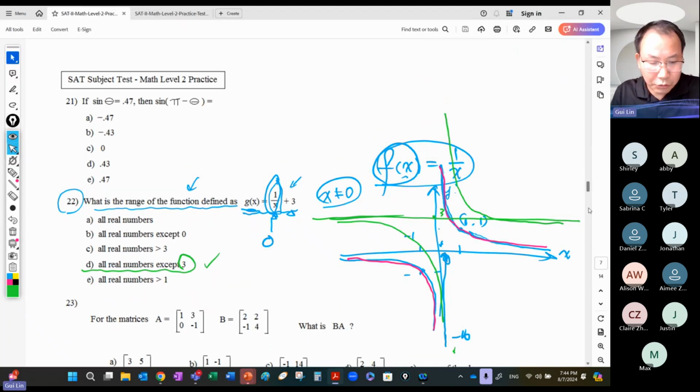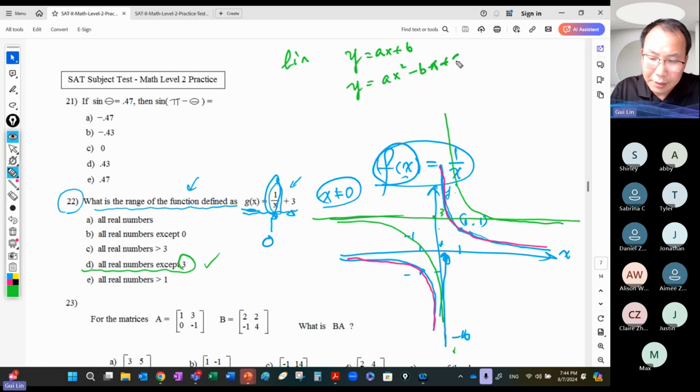Okay, so this is about functions. We'll just extend it a little bit. We have learned functions based on the linear line, right? Linear function y equals ax plus b. And also the second kind, ax squared plus bx plus c. You are very familiar with these two from Algebra 1. And right now we go to what's called the reciprocal function, right?